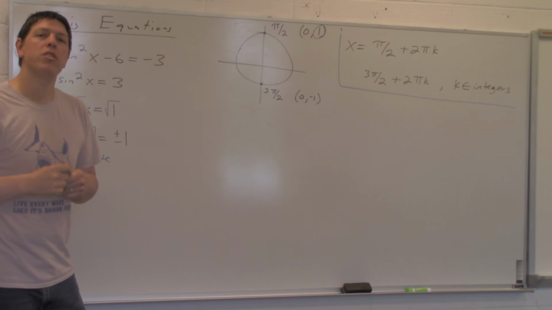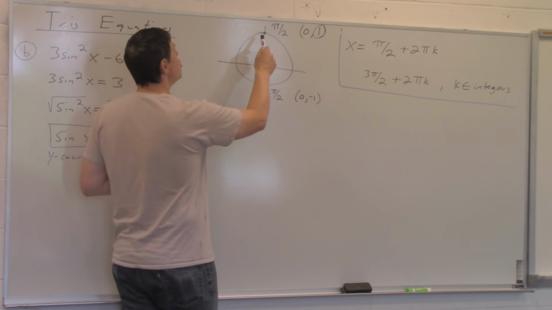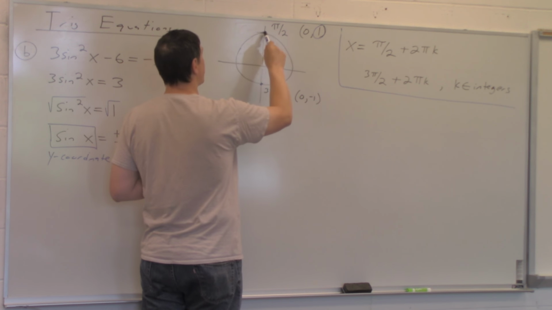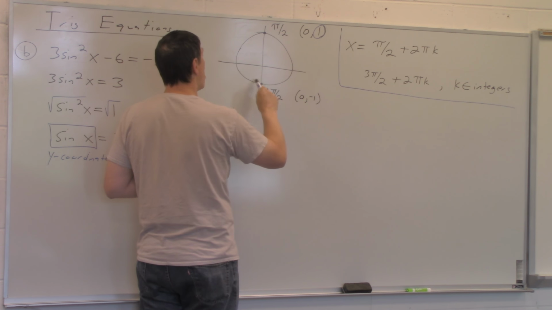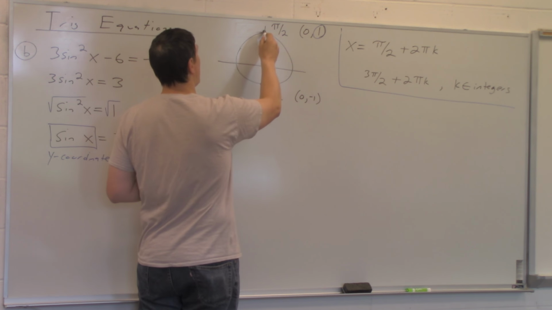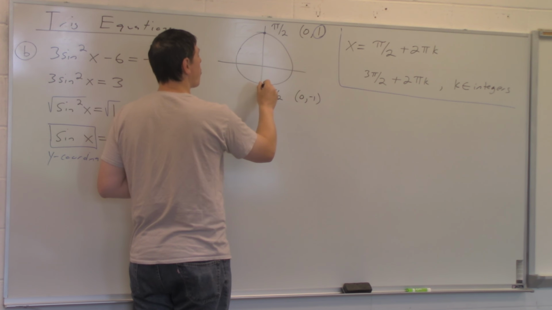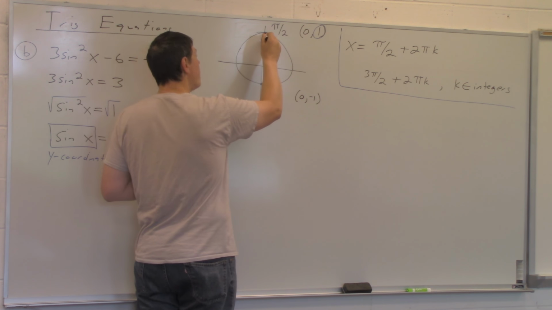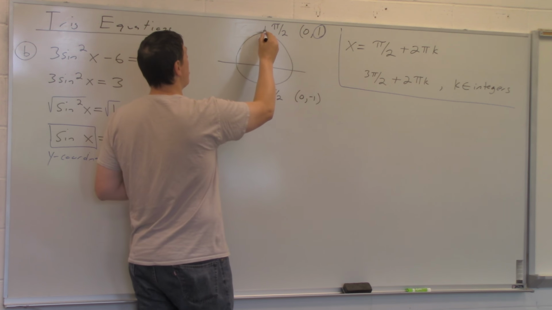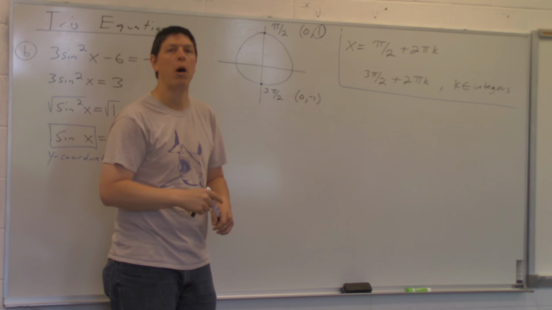Another way that you might see the answer written is notice that to get from one answer to the next answer, you're always going 180 degrees, or pi. To go from pi halves to 3 pi halves, you just add pi. To go from 3 pi halves to 5 pi halves, which would be the next coterminal angle, you add pi. From 5 pi halves to 7 pi halves, you add another pi.